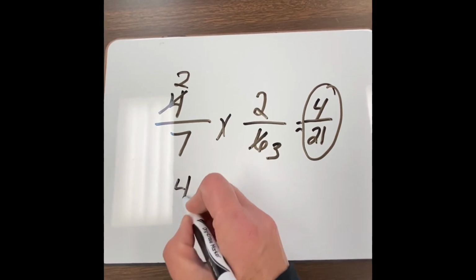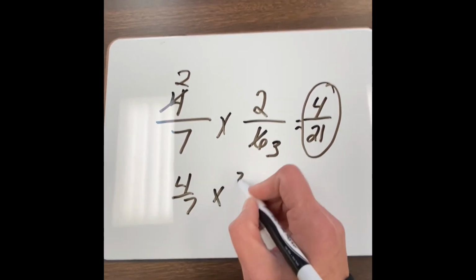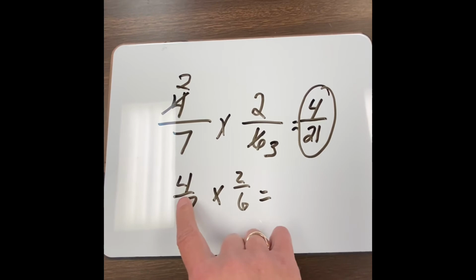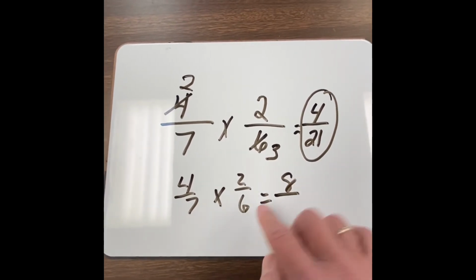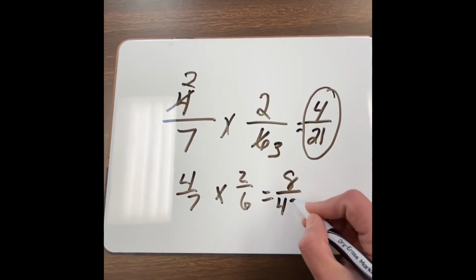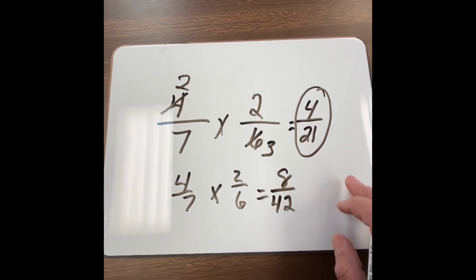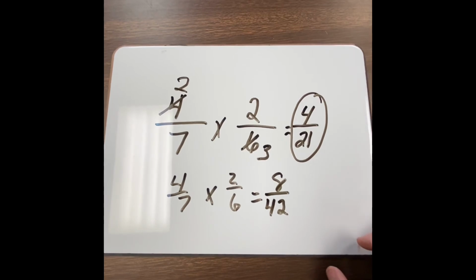Now, 4 sevenths times 2 sixths. 4 times 2 is 8. 7 times 6 is 42. What can go into 8 and 42? They're both even numbers.